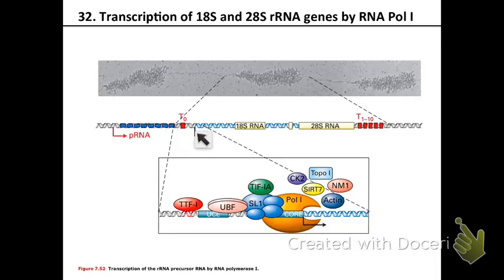So in eukaryotes, the transcript of the RNA genes contains all of these RNAs together.